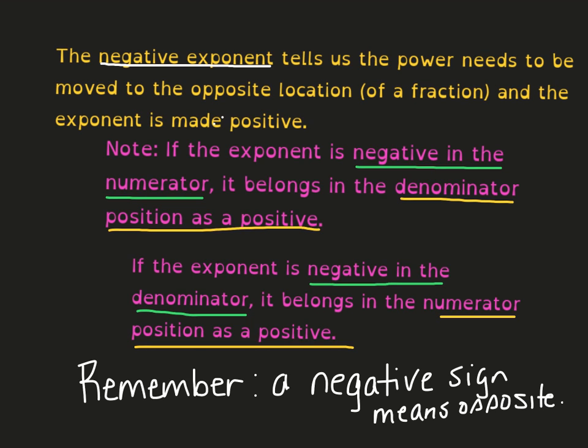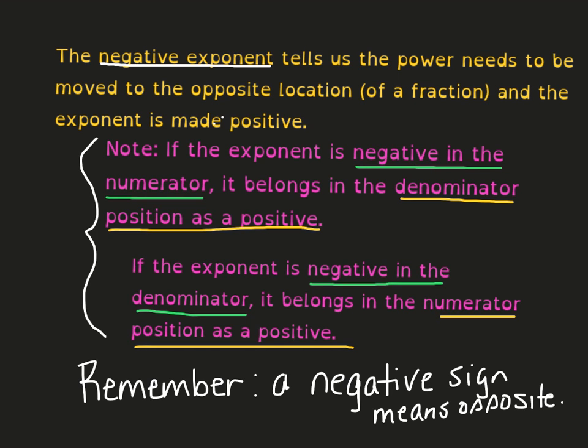So note, basically, if the exponent is negative in the numerator, it belongs in the denominator position as a positive. If the exponent is negative in the denominator, then it belongs in the numerator as a positive. It's flip-flop, flip-flop, flip-flop.